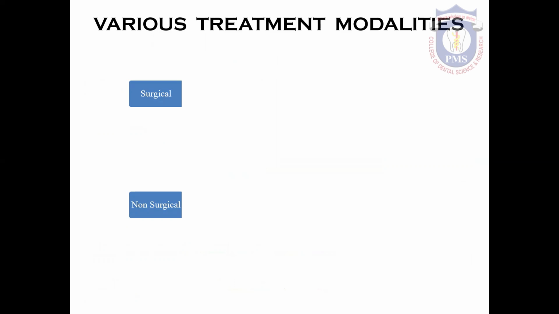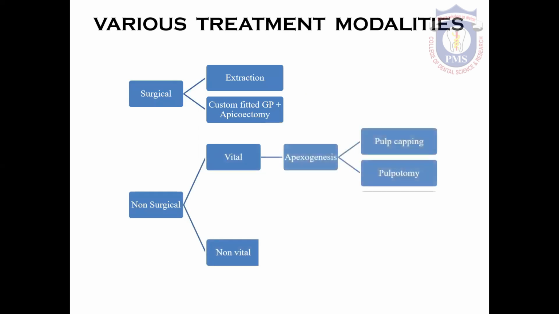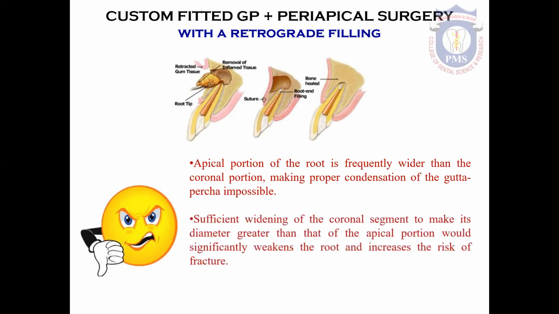Since routine root canal treatment is not possible in these teeth, our treatment option is either surgical management or non-surgical management. In surgical management, we do periapical surgery with a retrograde filling, but it is not advised in children.